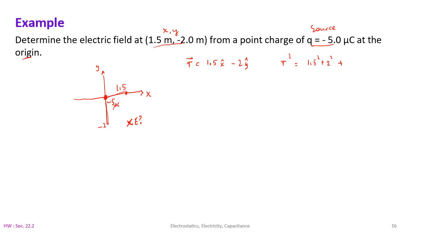So that gives us a magnitude of 2.5 meters, I think. So that means our unit vector is 1.5 divided by 2.5 in the x direction, and the y component is -2 over 2.5 in the y direction.